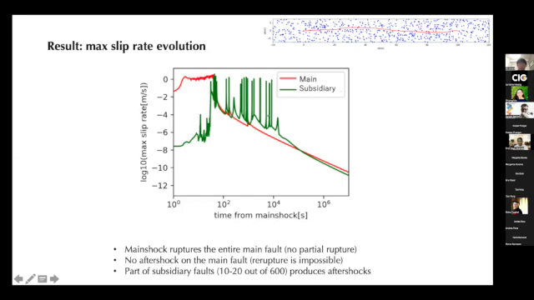I actually ran an ensemble of simulations, but usually the number of subsidiary faults that produce aftershocks is like 10 or 20 out of 600 subsidiary faults for this geometry. So the majority of subsidiary faults cannot produce aftershocks.